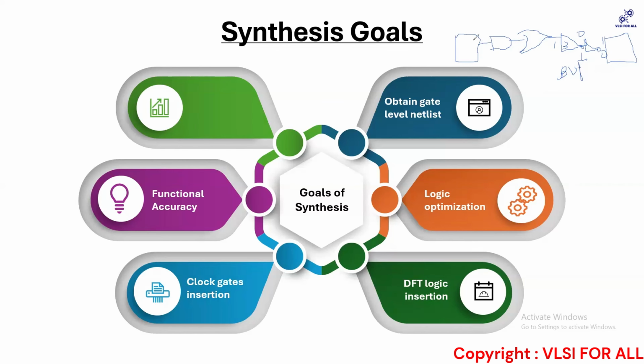They will do this LEC at each step, or at the end after routing, they will take the netlist and compare it with the synthesis netlist. But the synthesis folks did not do a thorough check. Now they will pass it because their routing netlist and your input synthesis netlist are matching. But it is a primary responsibility of the synthesis engineer to first check whether I am matching with my RTL.